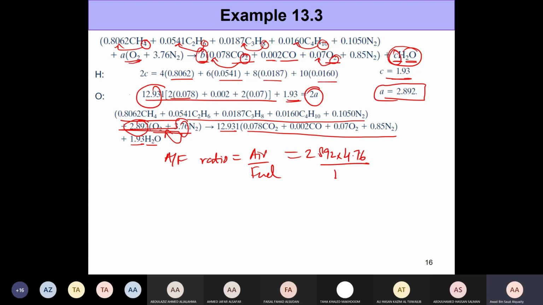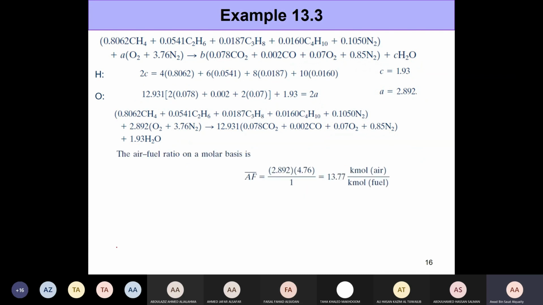So these are the quantities for kilomoles of air by kilomoles of fuel. So it comes out to be 13.77 kilomole air by kilomole fuel. So basically, in the above equation, what we are seeing is that for 1 kilomole of fuel, we need 13.77 kilomole of air to get the following products as per the above reaction.